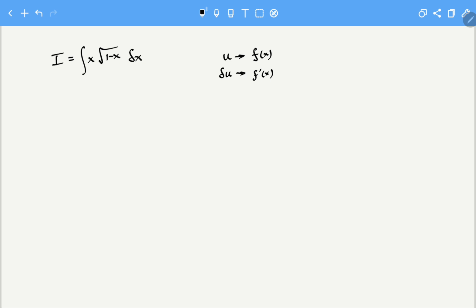So it could itself be something more complicated. We are going to do u substitution in this example to make our lives a bit easier. Let's figure out what we want to have as our u and what's going to be our du.